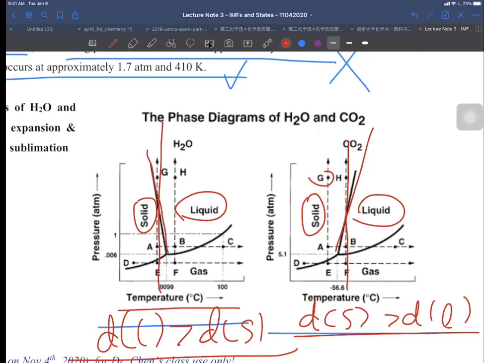It's not thermal expansion. So, to conclude, how can we tell whether a species can sublime, and whether a species has this unique density relation between solid and liquid? So you know where to observe in the phase diagram, right? Okay, great.